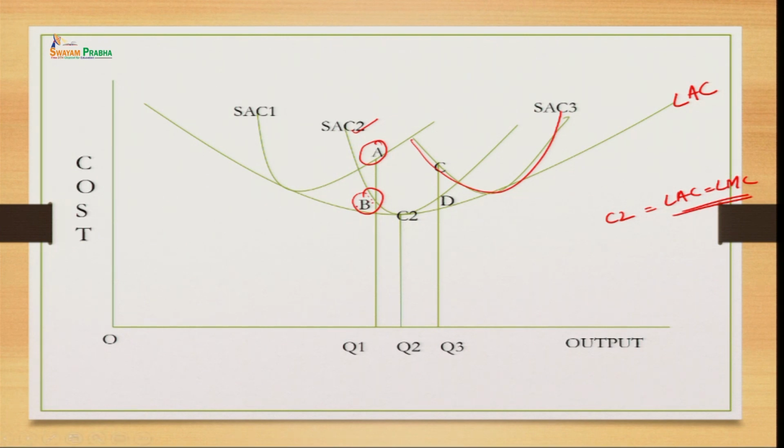So, this is how the LAC curve helps me understand whether I should overutilize my existing plant size, or go ahead with the next plant, or add a new plant to my business, whether we should be utilizing, underutilizing or overutilizing it, so that our cost of production will be minimum, right. This is how the LAC curve helps us plan our business activities.